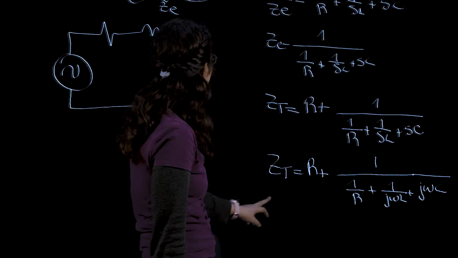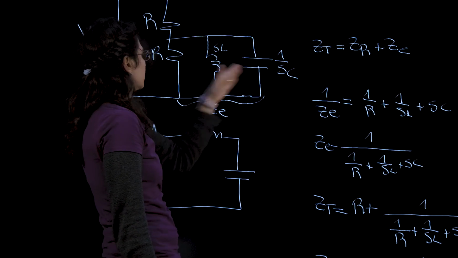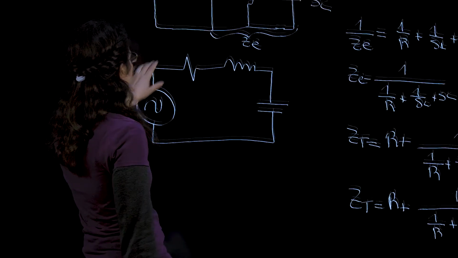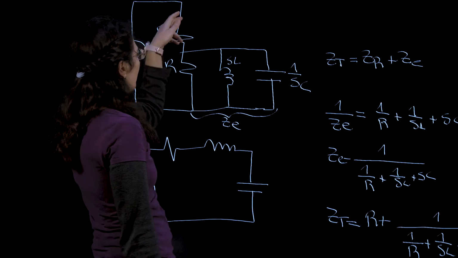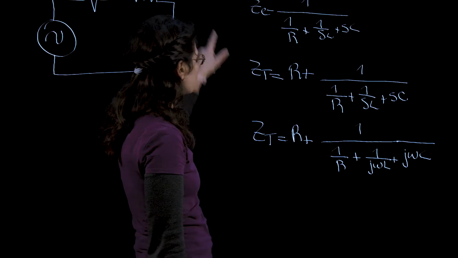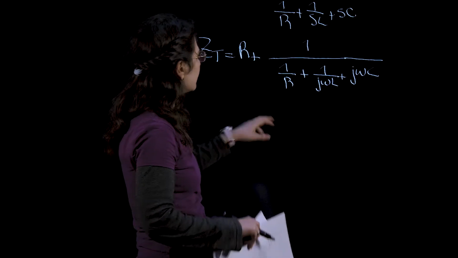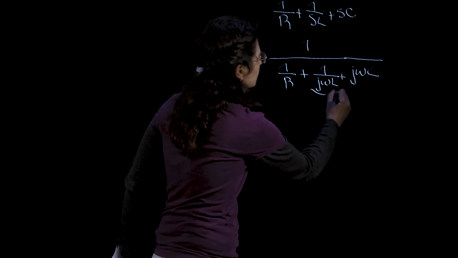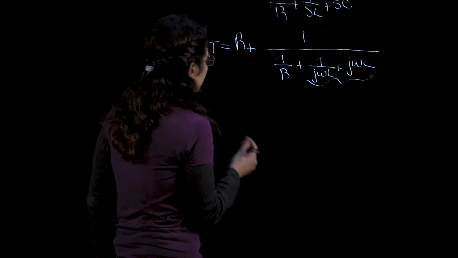Because then if the impedances of these parallel are 0, they cancel out, so I only have R, the two R's there, and therefore my total impedance would become R plus R. So the point is we need to make these two numbers equal. So the sum of these two has to be 0 so that they cancel each other out.